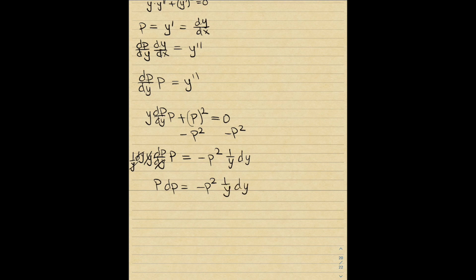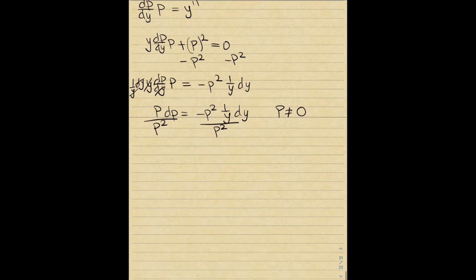So we're going to divide by p squared. So p cannot equal 0. We need that limitation. So we're going to divide by p squared on both sides. And we end up with 1 over p dp equal to, so these are gone, negative 1 over y dy.